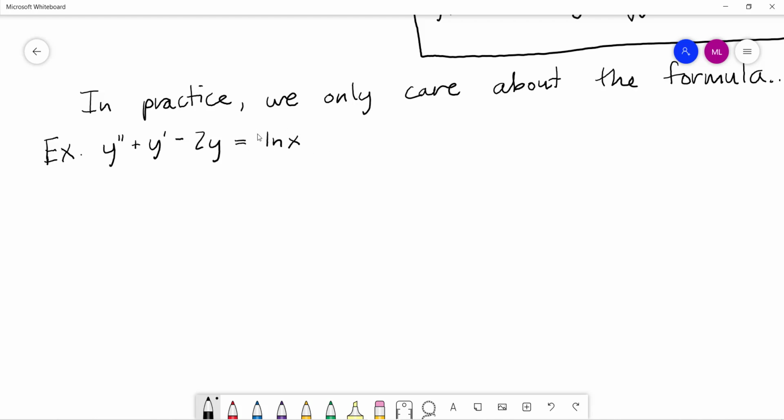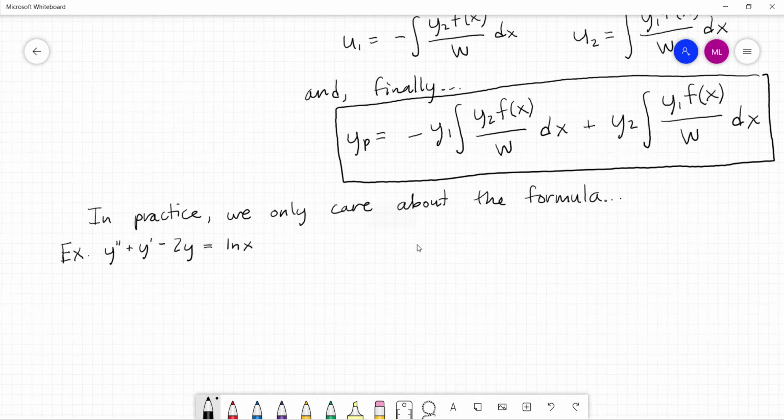It was not on the list of functions. It turns out variation of parameters is important because it works 100% of the time for any non-homogeneous function. It doesn't have to be from that class of functions we looked at previously. So natural log, we couldn't do with undetermined coefficients, but we can do it with this big ugly formula.